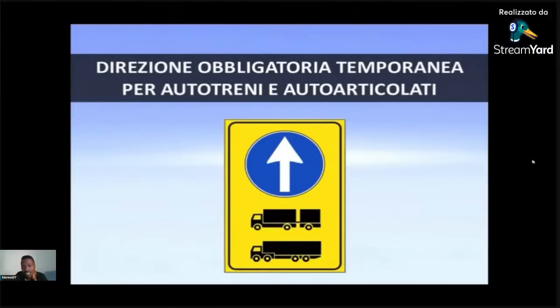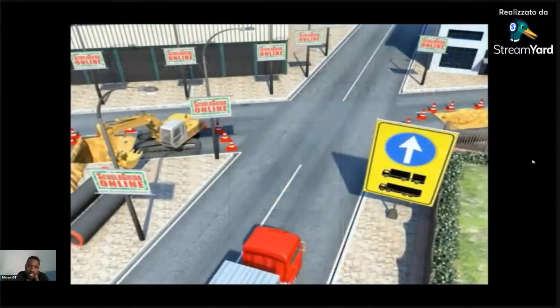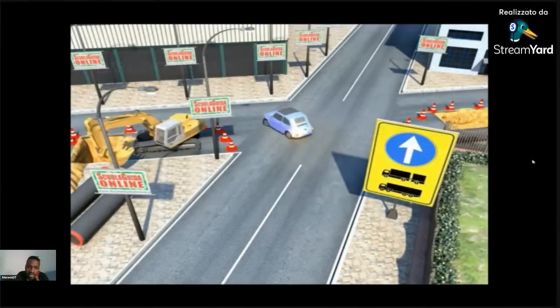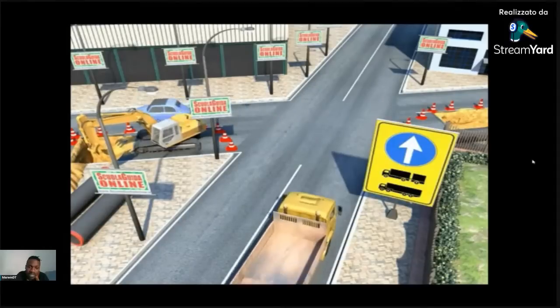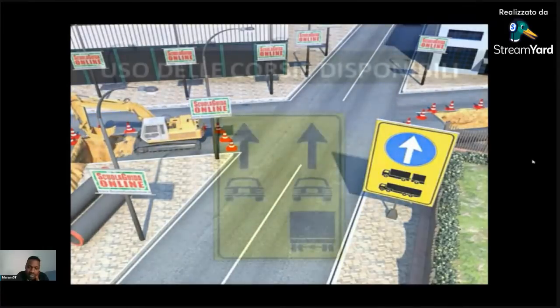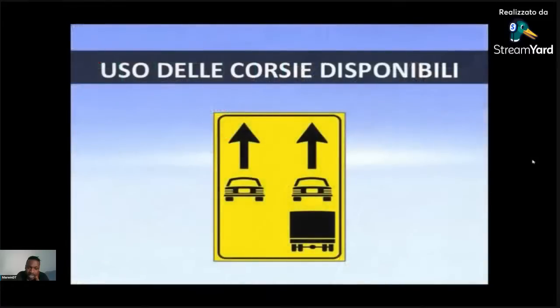I repeat, it is a temporary sign which is giving us an obligation for articulated lorries and trailers to go straight ahead. They just have to go straight. They can't turn anywhere. Meanwhile, ordinary vehicles can turn to the left and right, but vehicles with trailers or articulated vehicles can only go straight.